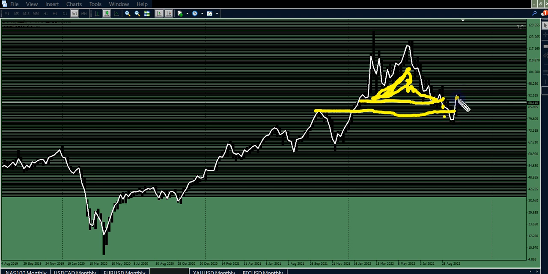Okay, it means crude's got to come to here and then do this and then leave the station somehow without going below here. Because then it would just be a bloodbath. This will be noising out for a while.